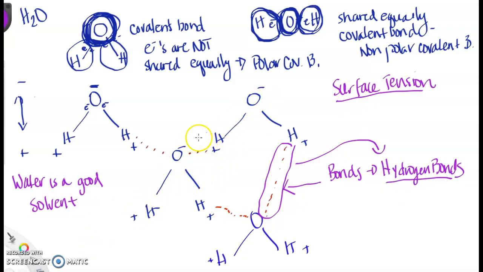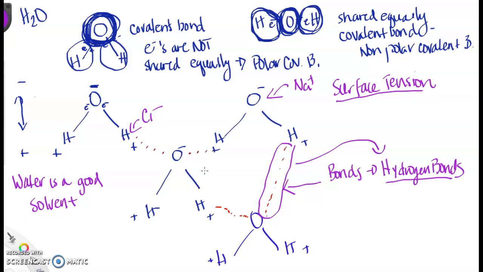If you put salt into water, then the sodium is going to be attracted to the oxygens, and the chlorine is going to be attracted to the hydrogens, and it's going to break that salt up. So it's going to dissolve in water. So that makes it a great solvent.